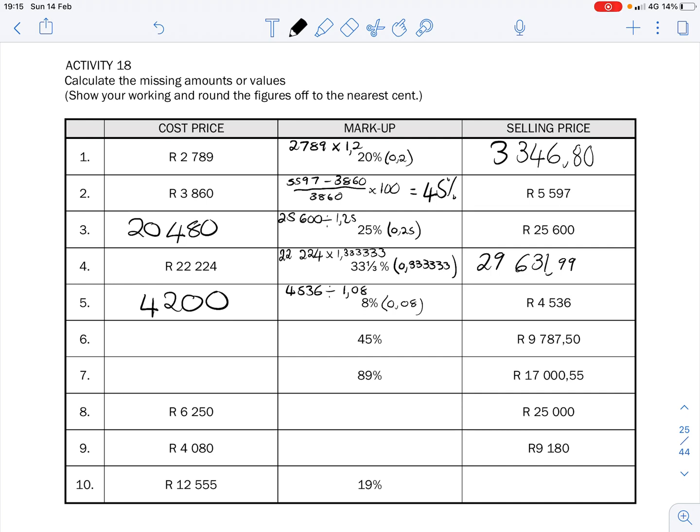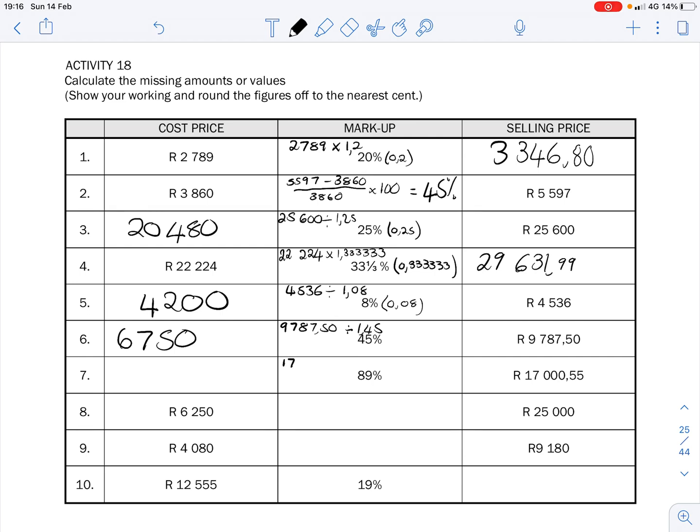Okay, we again going from selling price to cost price, we go 9,787 and 50 cents divided by 1.45, which should leave us with a cost price of 6,750 Rand.